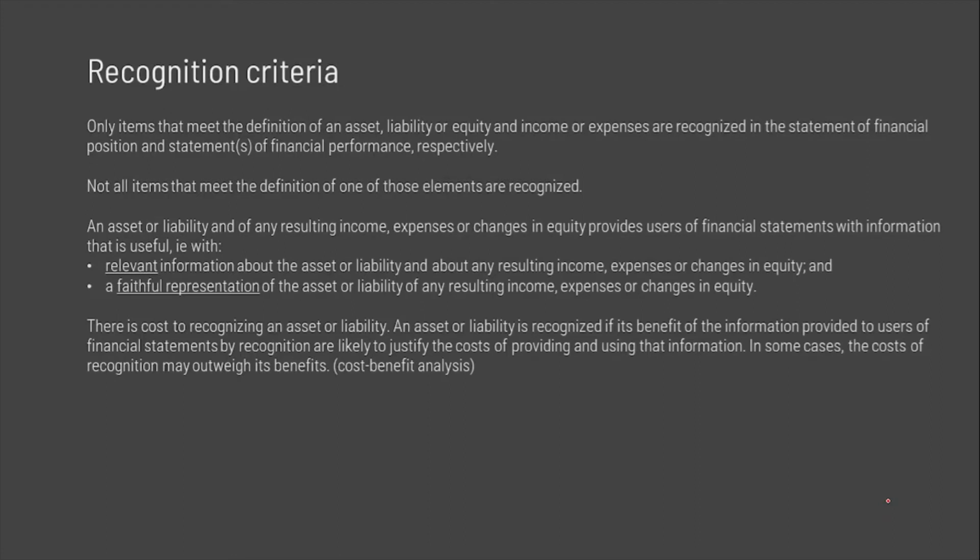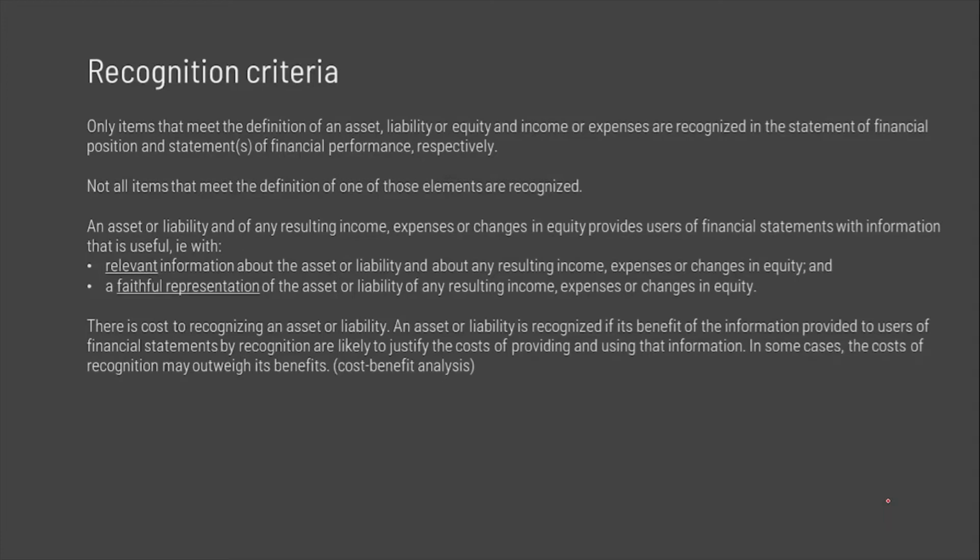An item is recognized if, first, it meets the definition of an asset, liability, equity, income, or expense, and second, recognizing it would provide useful information, for example, relevant and faithfully represented information. Both the criteria above must be met before an item is recognized.